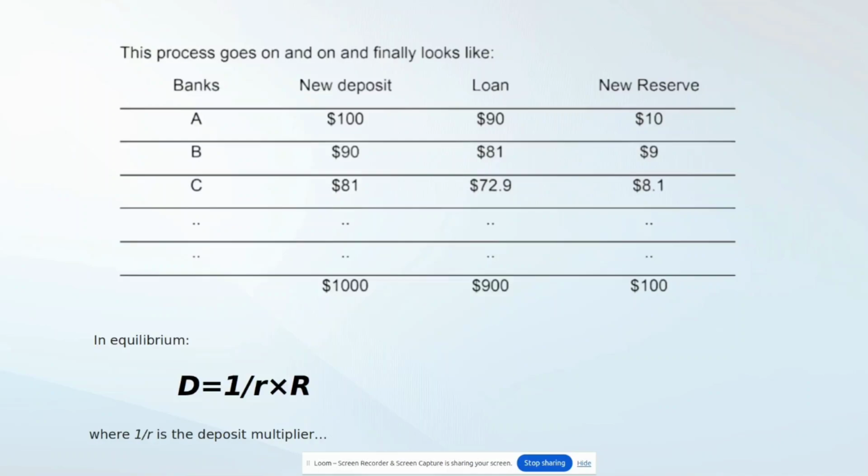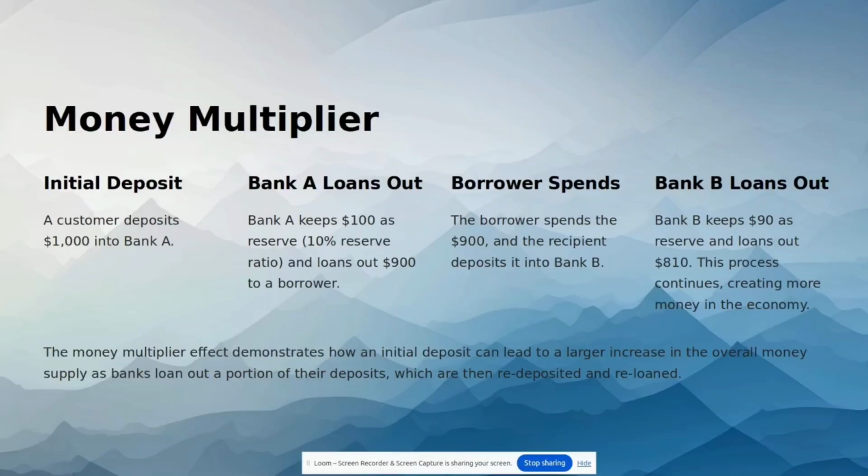And the money multiplier, we are going to see the money multiplier. The money multiplier effect demonstrates how an initial deposit can lead to a larger increase in the overall money supply as banks loan out a portion of their deposits, which are then deposited and reloaned.